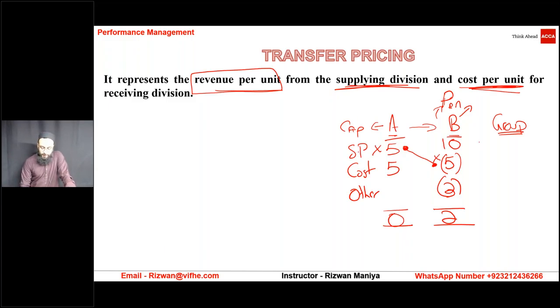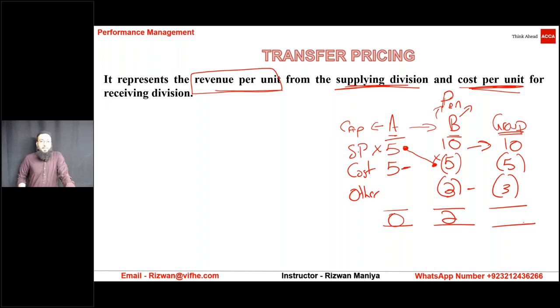So the genuine figure is 10 revenue, this 5, this 3. So from the group perspective, any business being done within the division is not a business for the group. Think like this: father and two sons.